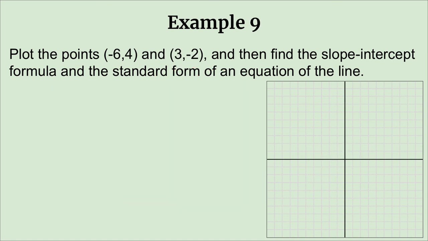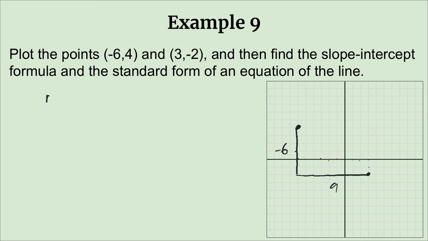-6, 4. 1, 2, 3, 4, 5, 6. 4, and 3, -2. So starting on the left point, we go down 1, 2, 3, 4, 5, 6. To the right, 1, 2, 3, 4, 5, 6, 7, 8, 9.